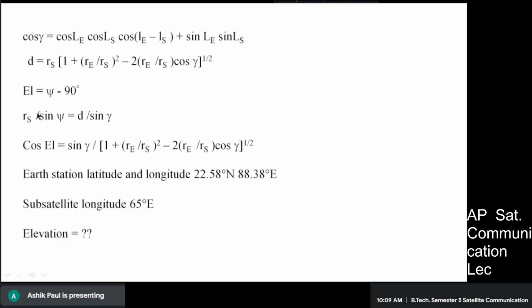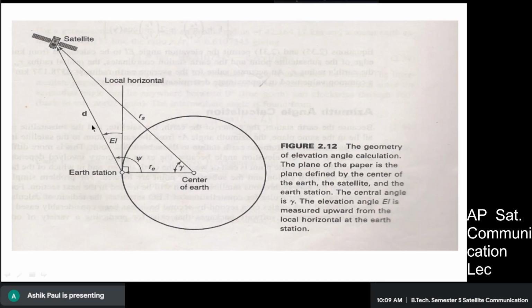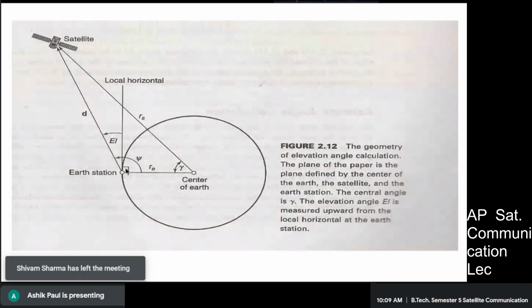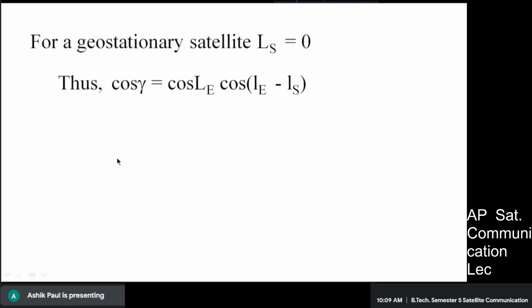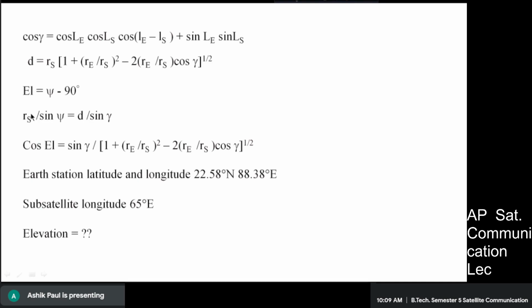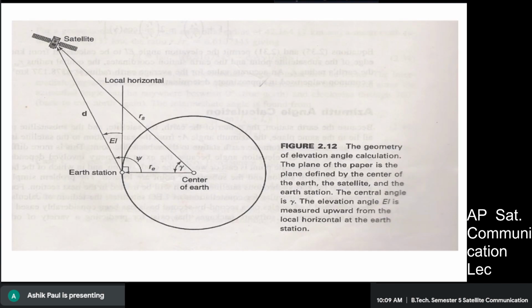And then, once again going back to this triangle whose three sides are RE, RS, and D, we can write that RS by sine of the angle opposite to it, which in this triangle is psi.